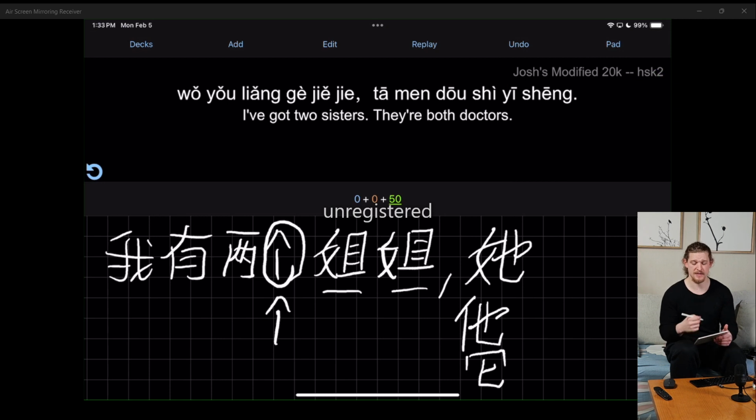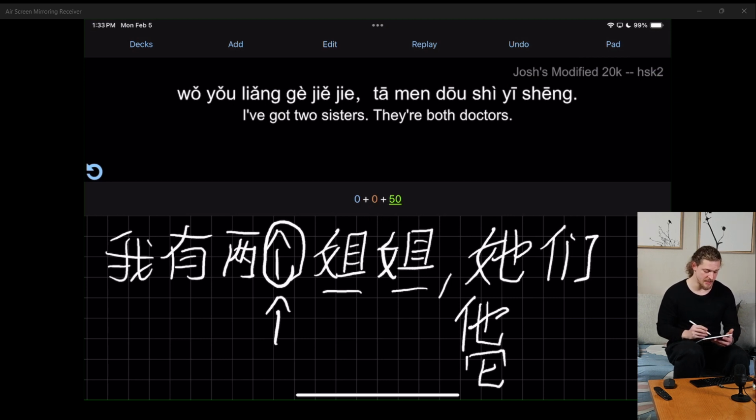You either need to define who you're talking about, or contextually you'll know whether you're talking about a man or a woman. But there's no actual way to determine it just based off of the pronoun ta. It doesn't actually provide you with that information. So here we know that I'm talking about 2 women, so the group of people is women. 她们 means they.